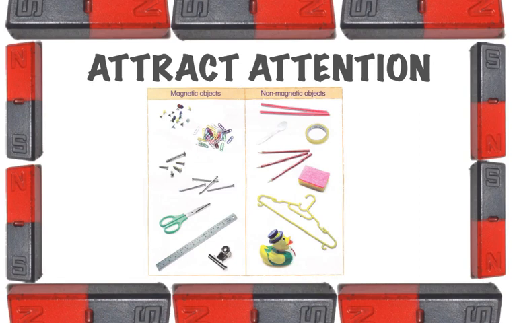And the non-magnetic objects are straws, a disposable spoon, tape, colors, sponge, a plastic hanger, a rubber ducky. Magnets are not attracted to string, to buttons, to wooden craft sticks, or to any plastic toy.